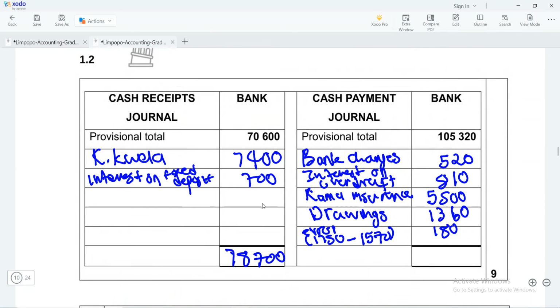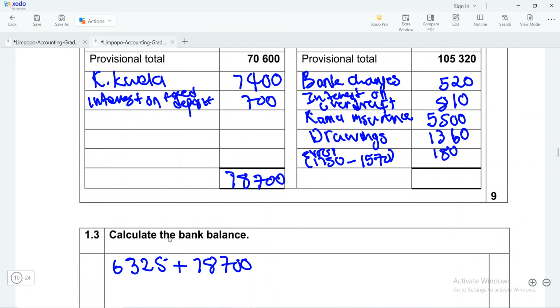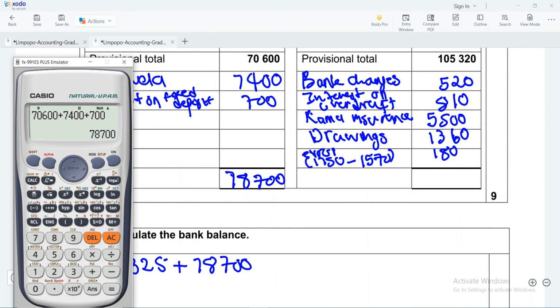Okay, so now we have added our CRJ. Remember, it will increase our bank balance because it was favorable at the beginning of the month. So now let's check our CPJ. Our CPJ, our total is 105,320.